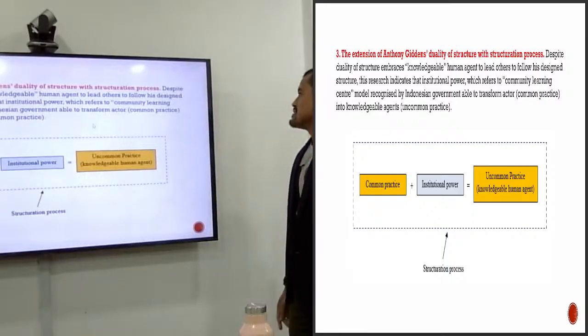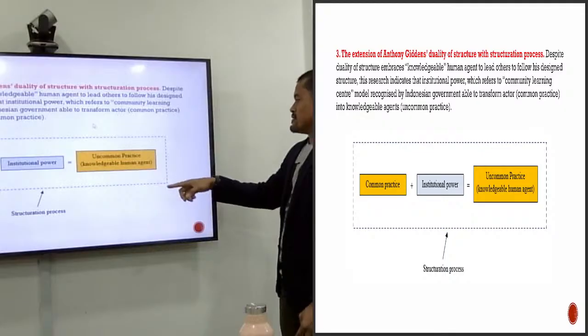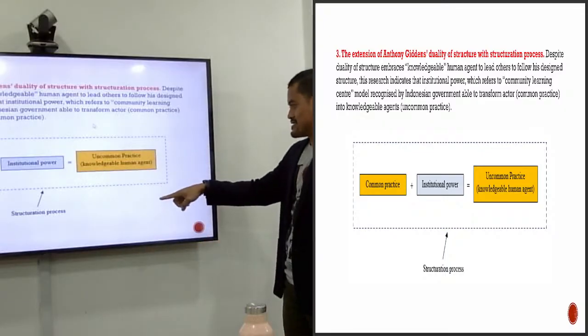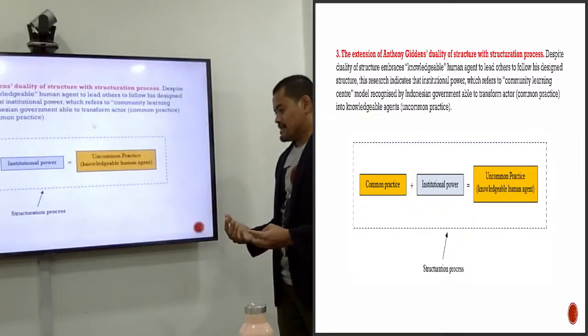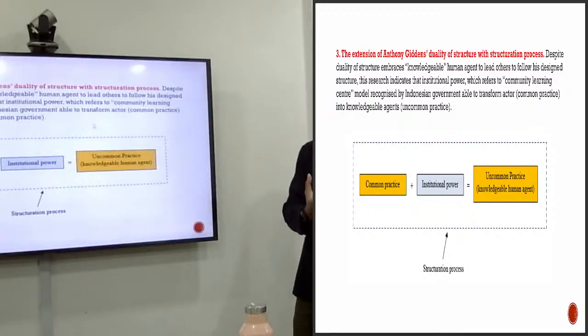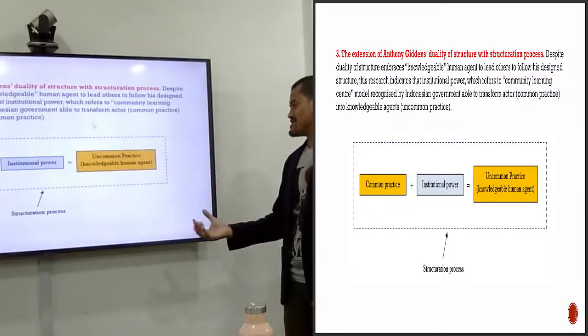And my third and last contribution is the extension of the duality of structure. So in my contribution in the structuration process, I'm not talking about the structure, but I'm talking about the phenomenon prior to the existence of the human agent. So what makes the human agent exist?